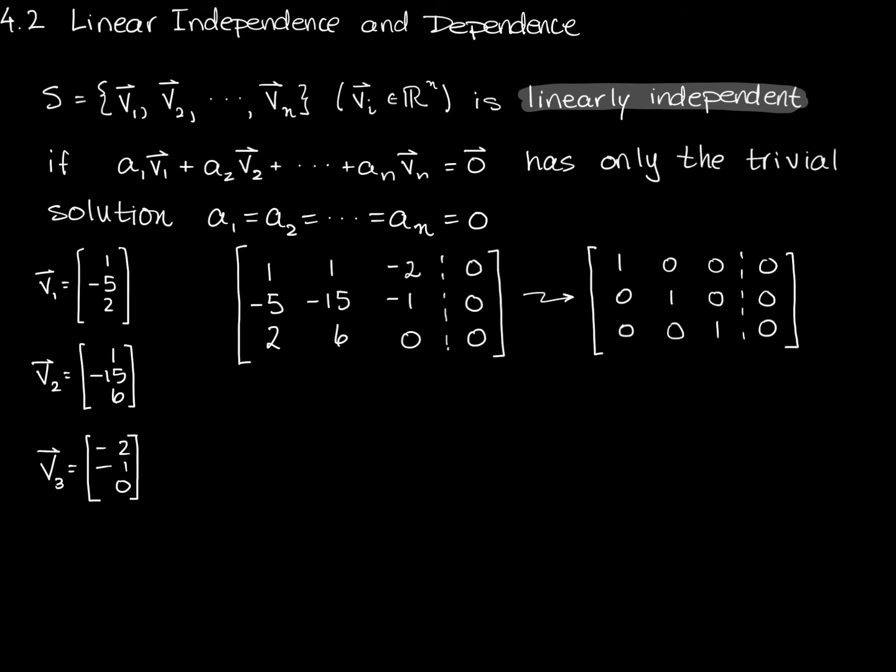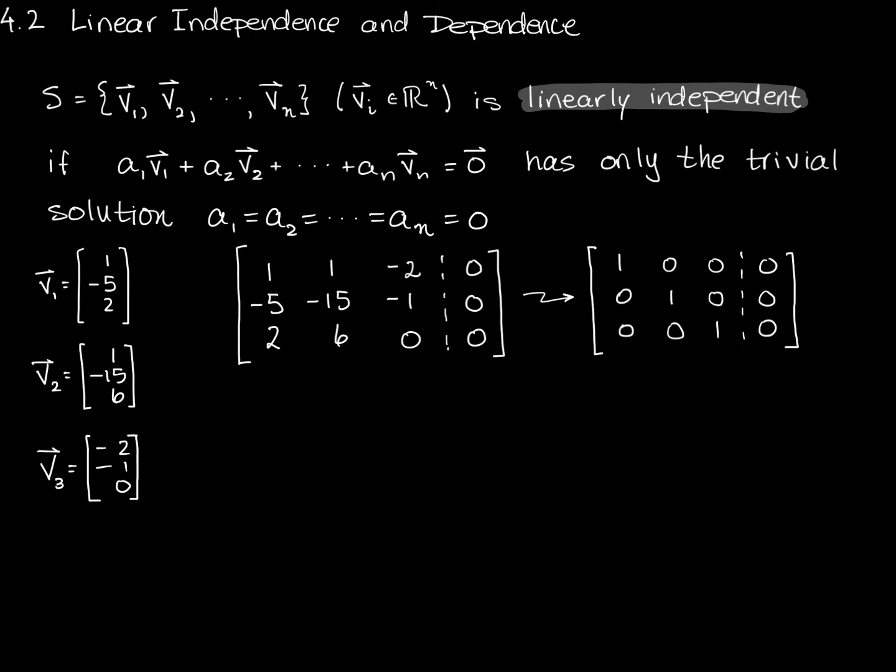And remember that the interpretation of this matrix is that it's the coefficient matrix for the weights, right? For the constant values a1, a2, and so on. So this tells me that a1 equals 0, a2 equals 0, and a3 equals 0.